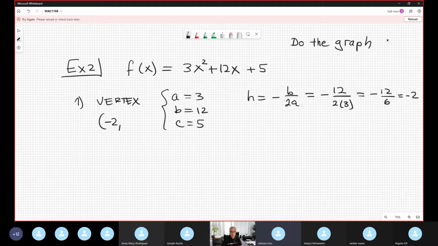And k, to find k, I propose the easy way. You plug in minus 2 in the original function in order to find the y component associated with negative 2.